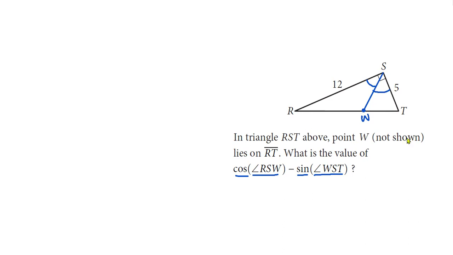If we look into this figure, this angle R to S to T is a right angle, correct?